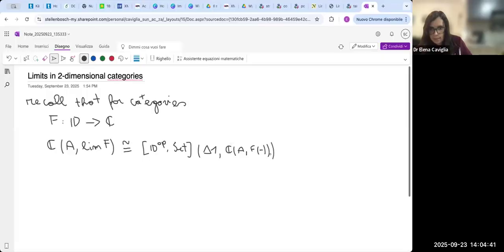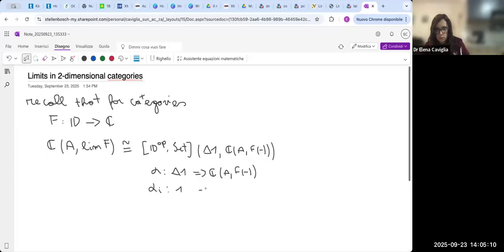It's done like this. So what are these cones? They are natural transformations, say alpha, between the functor delta 1 and this other functor. So given an object I in the diagram category D, our alpha I goes from the category 1 to C(A, F I).